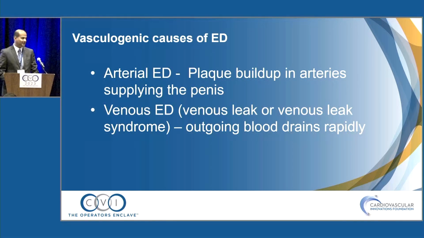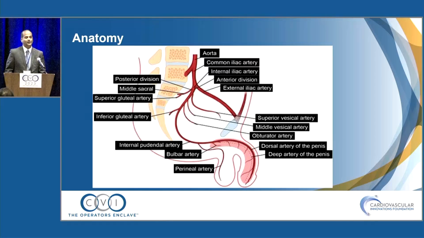So when a patient comes in, of course, as an internal medicine resident, I'm going through all the different causes: psychogenic causes, neurogenic causes. And then Dr. Rain comes into the clinic and asks, what about vasculogenic causes of ED? Of course, you have arterial ED with plaque buildup in arteries, and there's also venous, which is the venous leak syndrome, so the outgoing blood supply not draining as well can also cause these symptoms.